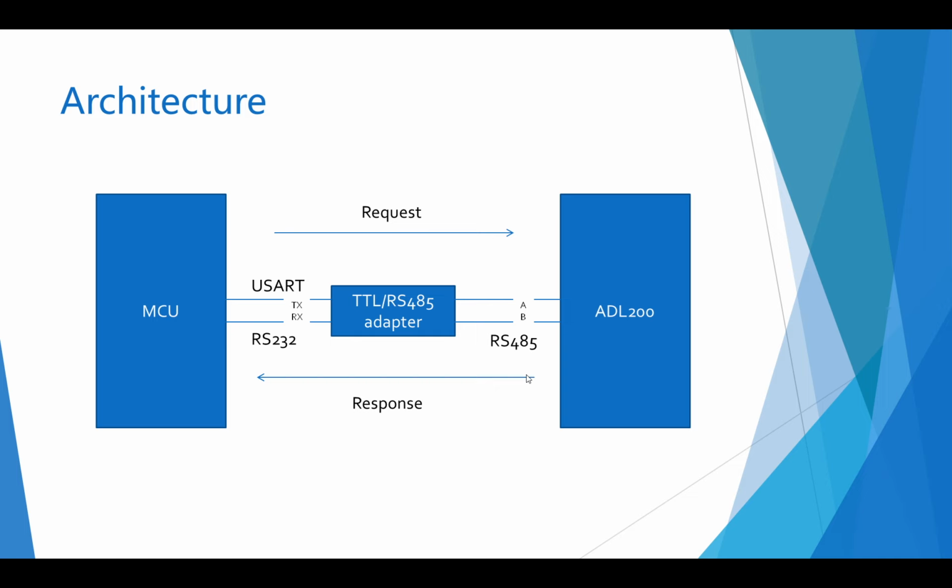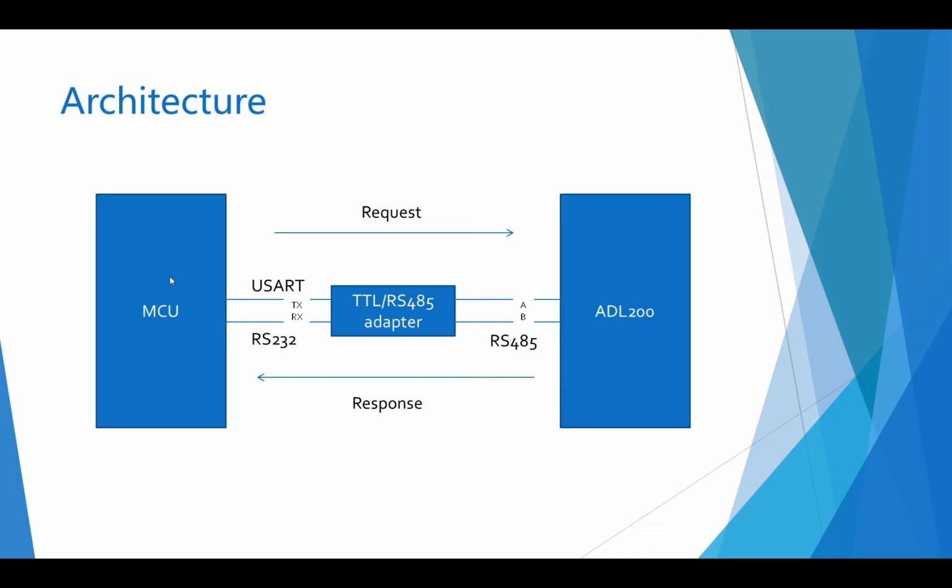Now, what actually happens is the microcontroller makes requests, and inside the microcontroller there's a library, and that library formats it up into this protocol called Modbus RTU, and then the ADL responds back with the data. There's a library, you make a request for an address, it returns that value, and it syntax checks it and gets the raw value out, which you can then put on the screen.